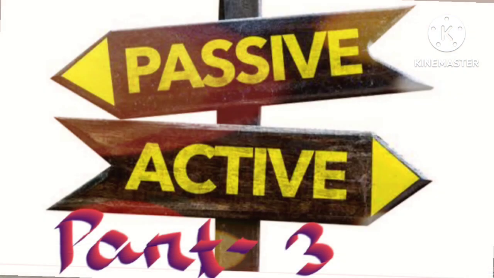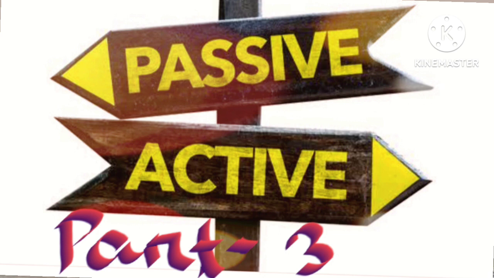Guys, in part 1 of active voice and passive voice, we got some basic knowledge of active and passive voice, and also learned some basic rules in order to convert active voice into passive voice. In our part 2 video, we learned the rules and structures for each tense in order to transform active voice into passive voice.